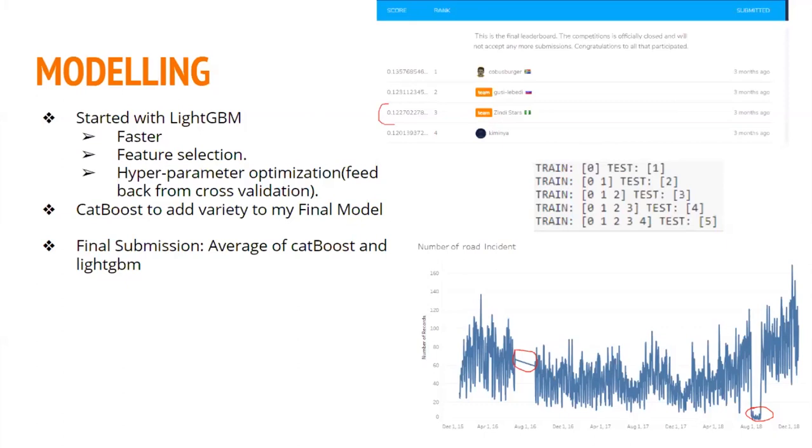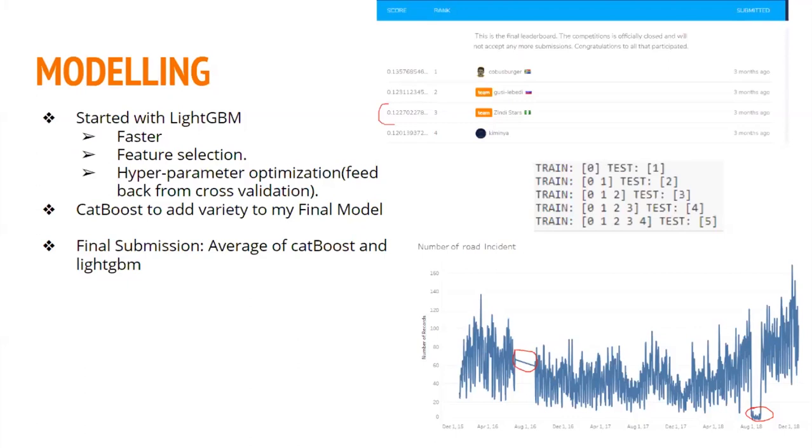Then when we were done with LightGBM, we were satisfied with our model. We were like, okay, can we add more variety to our model? Let's use CatBoost with the features LightGBM was able to give us. So we trained our final models with our final parameters with CatBoost, and we also trained our final parameters with LightGBM.